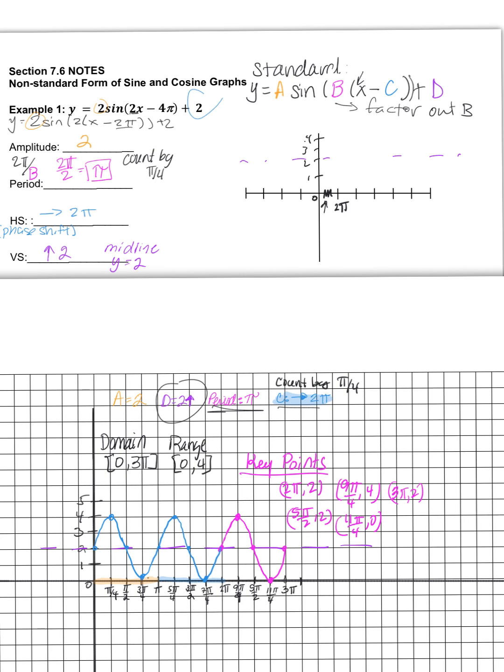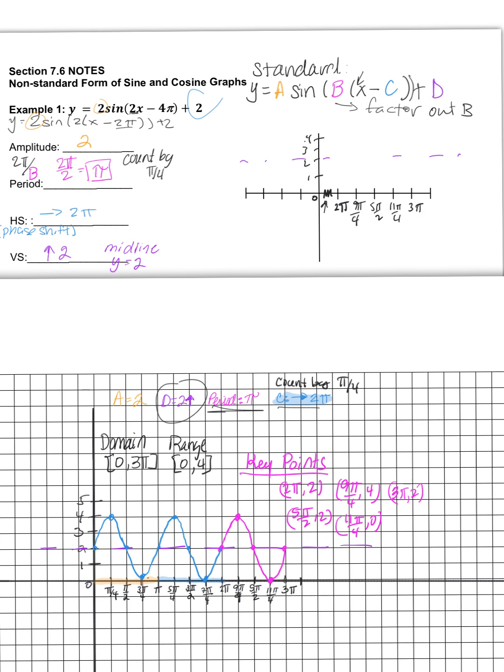So I'm going to start at 2 pi, and I'm just going to count what I had before. I had 2 pi, and then I had 9 pi over 4. Then I had 5 pi over 2, 11 pi over 4, and then 3 pi. So now I'm just going to transfer those parts of the graph that I had earlier. So I had 2 pi.